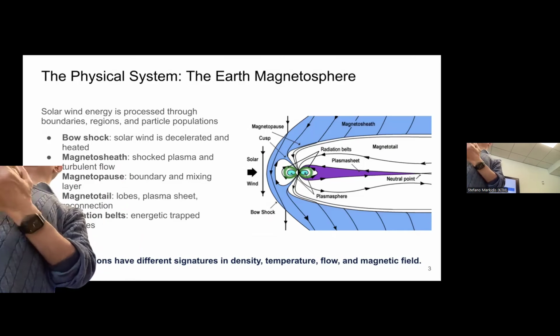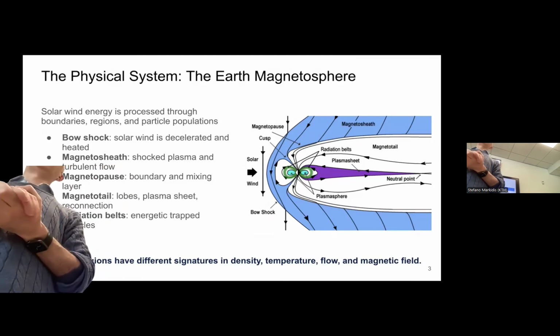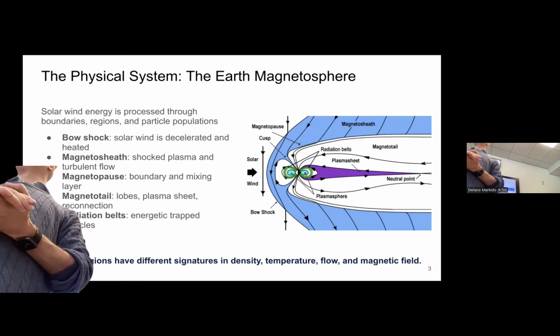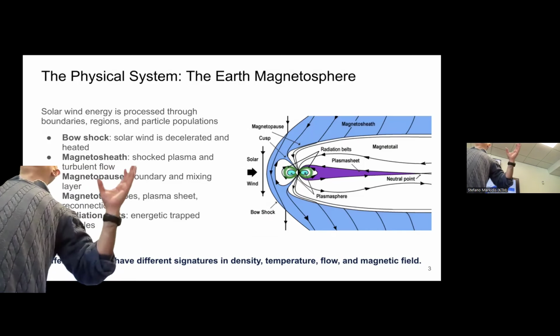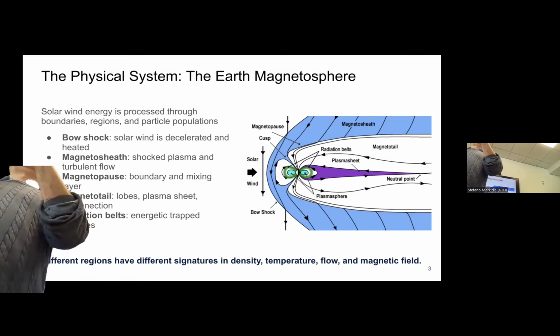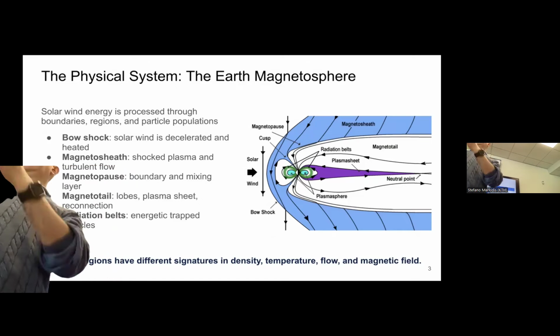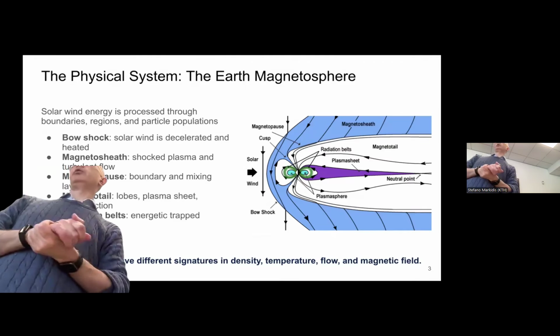These are some particularities that I'm not going to detail, but for the lecture today, you can think that the encountering of the solar wind with the magnetic field coming from the dipole of the Earth creates this big discontinuity.